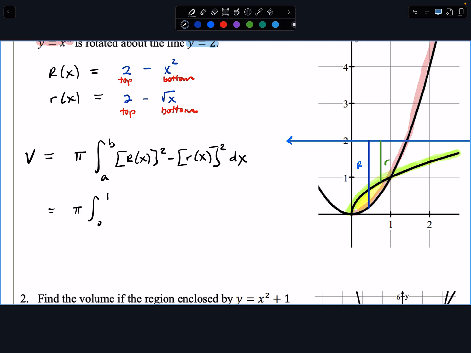Is everyone cool with that? Okay. Now, my R of x, the entire what I wrote in blue, will go inside the brackets. So it's going to be 2 minus x squared, minus 2 minus square root of x, squared, dx.